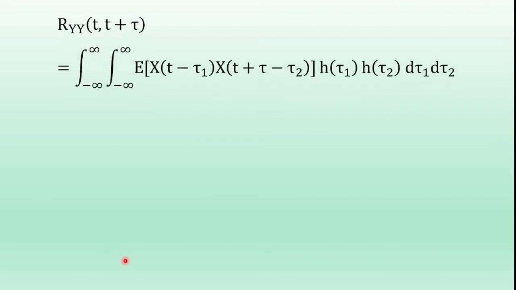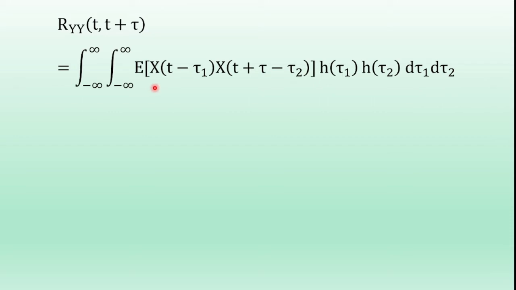We get R of t comma t plus tau equal to the double integral from minus infinity to infinity of the expectation of x of t minus tau 1 times x of t plus tau minus tau 2, into h of tau 1 into h of tau 2 d tau 1 d tau 2.